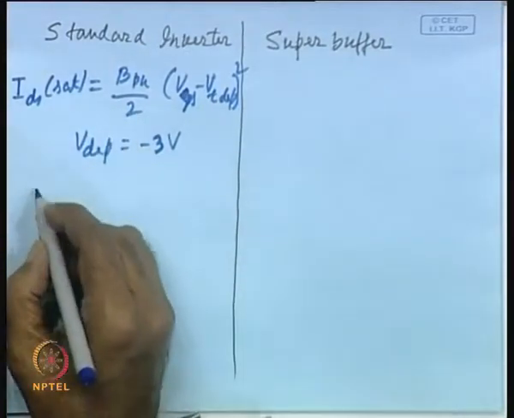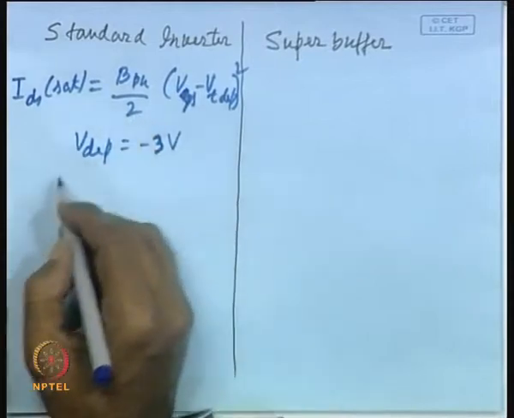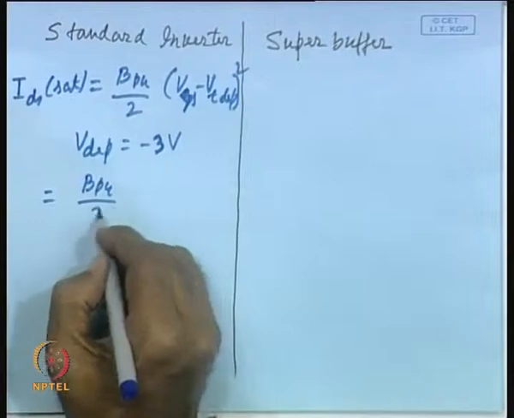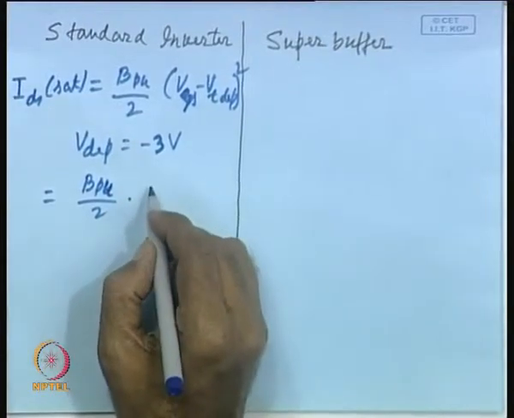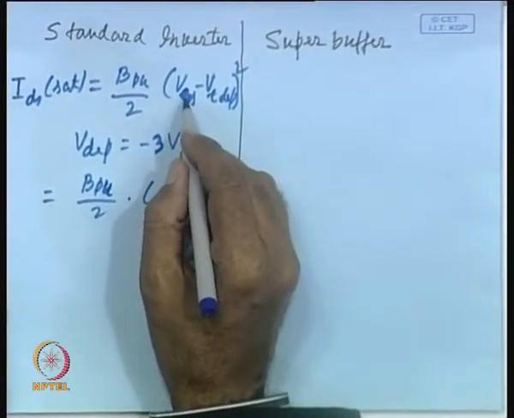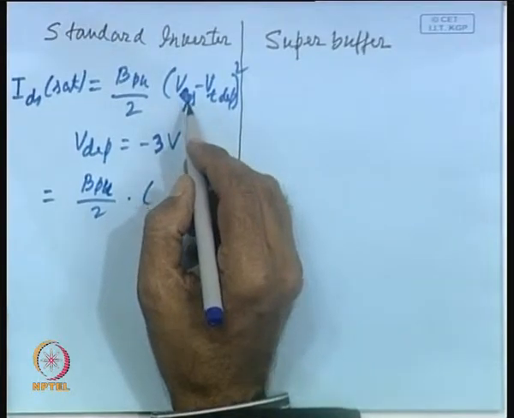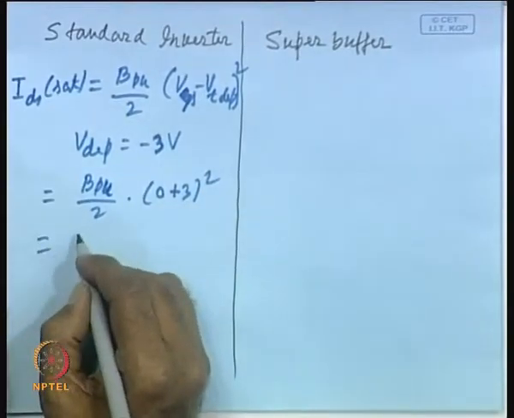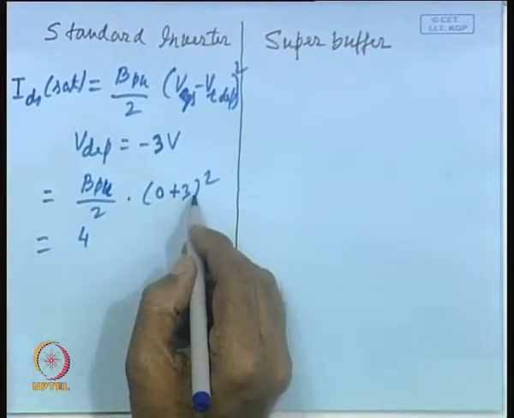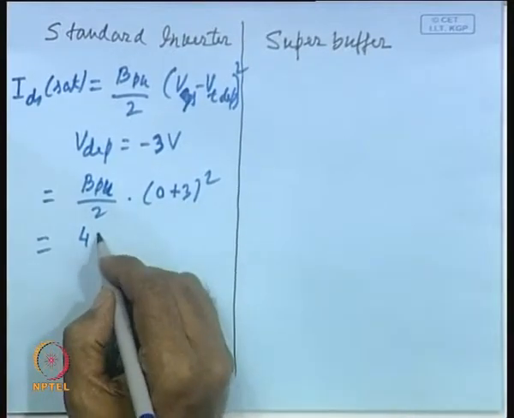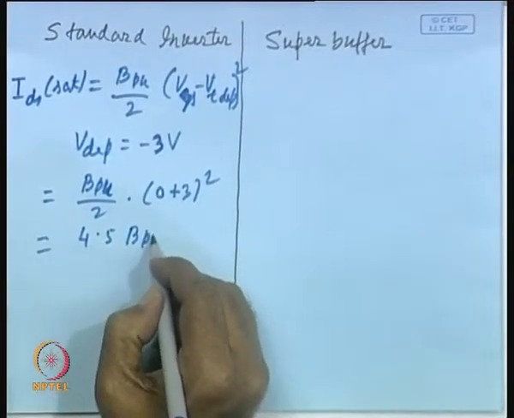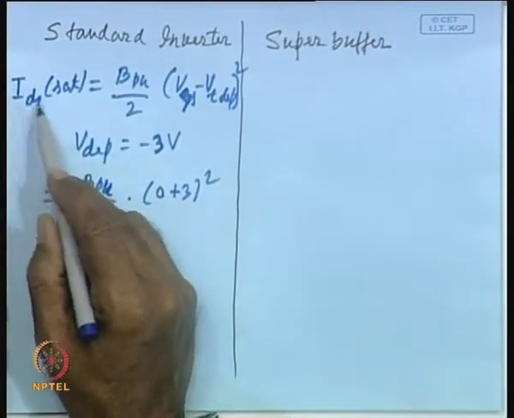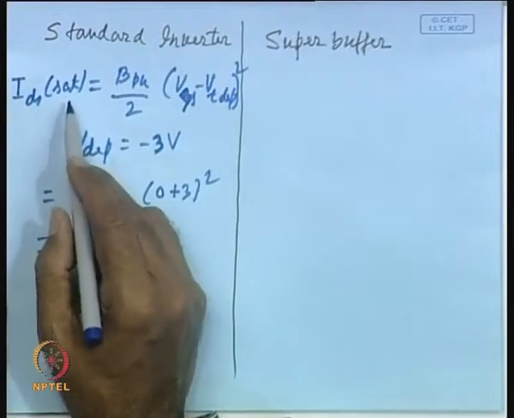In such a case, if we substitute the values, this is equal to beta pu by 2 into 0 plus 3 square, because the input voltage is 0. So, that is 3 into 3, 9 by 2, 4.5 beta pu. This is the current that is being supplied by the transistor whenever it is in saturation.